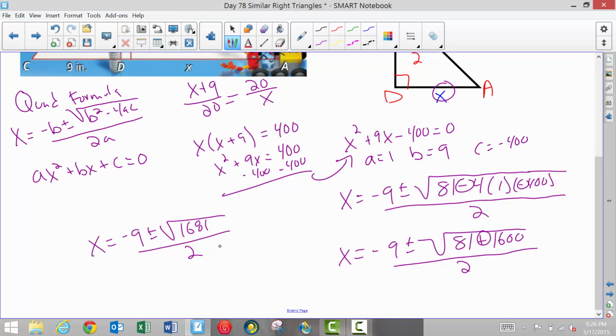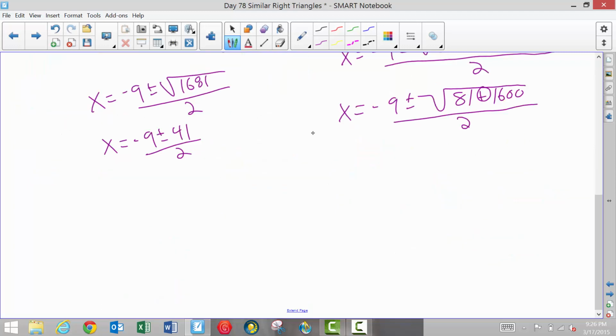So if I take the square root of 1681, I get 41. So x equals negative 9 plus or minus 41 over 2. Remember, you've got to break it down to negative 9 plus 41 over 2, and negative 9 minus 41 over 2.